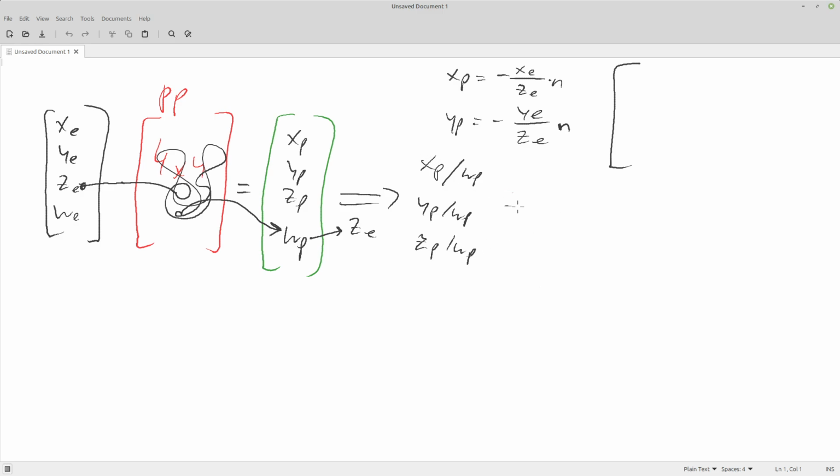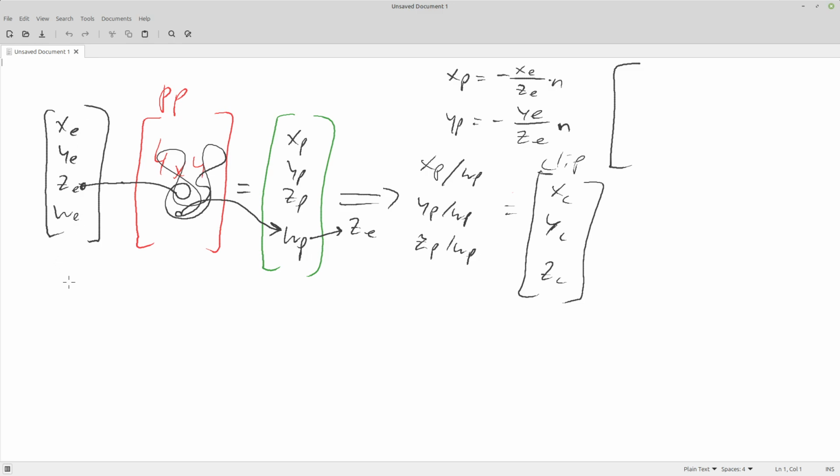And this will give us our clip coordinates, I believe: x sub c, y sub c, z sub c. I don't have a great understanding of how that works, but that's the gist of it.